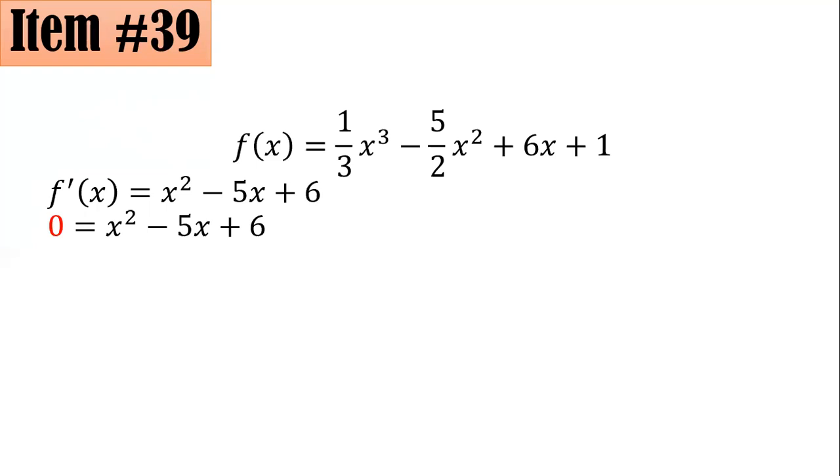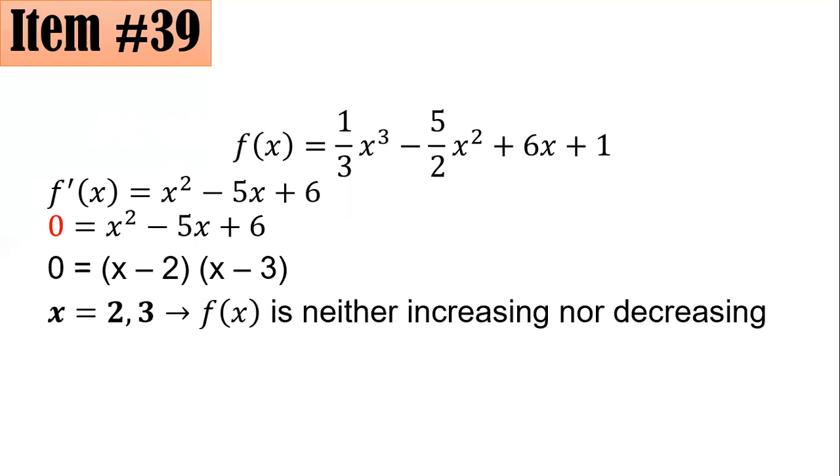We can solve this by factoring: x minus 2 times x minus 3 equals 0. By the zero property of multiplication, you equate each of these factors to 0, and you will get 2 and 3. Hence, f of x is neither increasing nor decreasing when x is 2 or 3. And that is letter A.